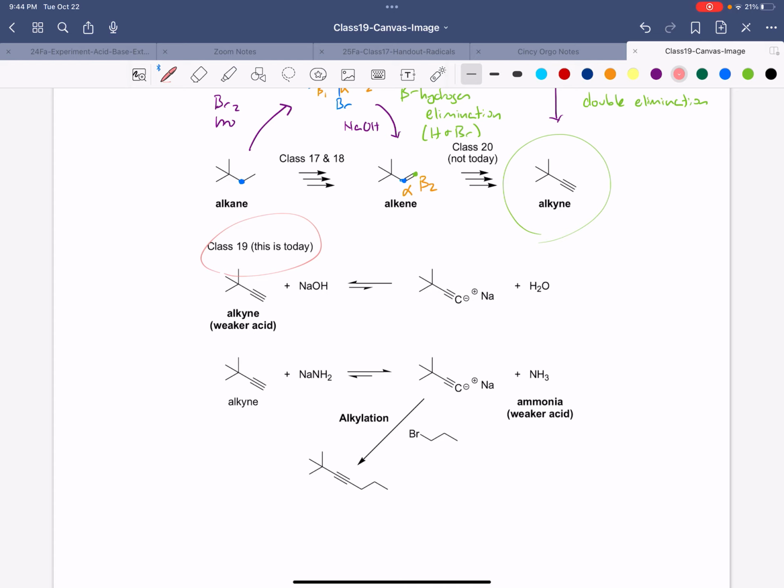And the stronger the acid, the weaker the conjugate base is. Stability actually equals weaker because it doesn't want to react. It's so stable already. And so we have 2 examples that I show here.